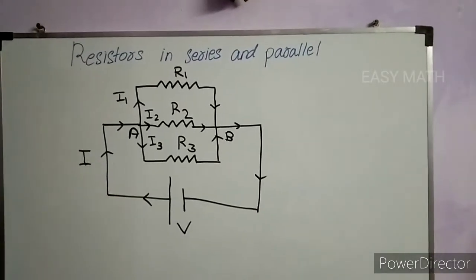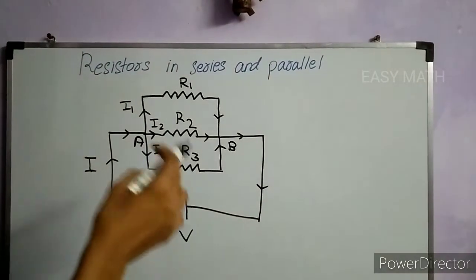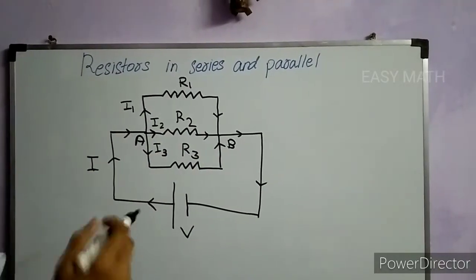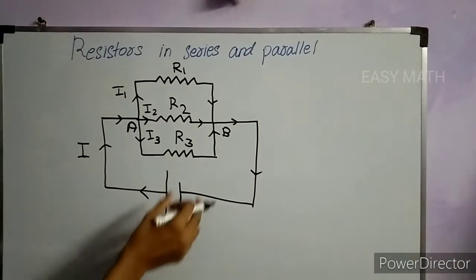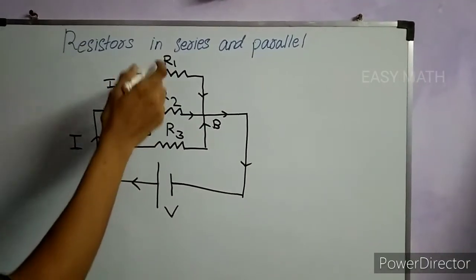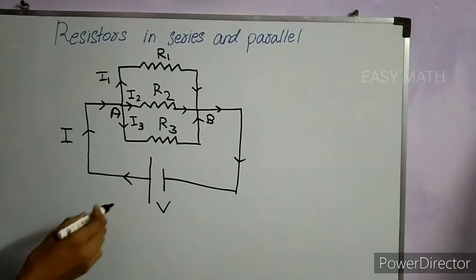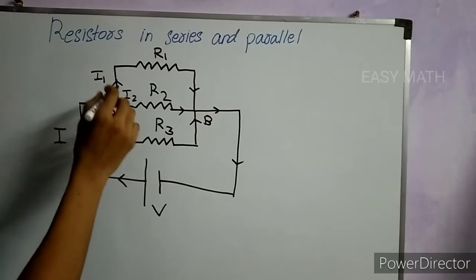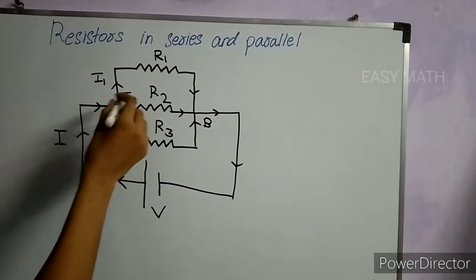Next, we are going to discuss resistances in parallel. If a number of resistances are connected in parallel between two common points, A and B in our case, so that each of them provides a separate path for current. As you can see, this combination is a parallel combination in which we have three resistors R1, R2 and R3 across a potential difference V. When the current I reaches the point A, it gets split into three components of current, I1, I2 and I3.